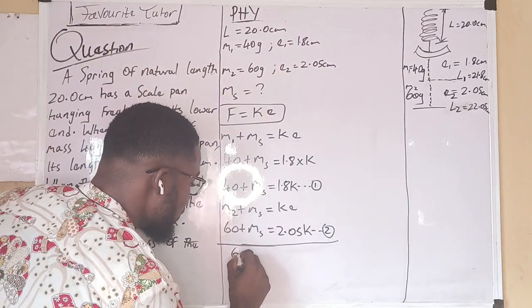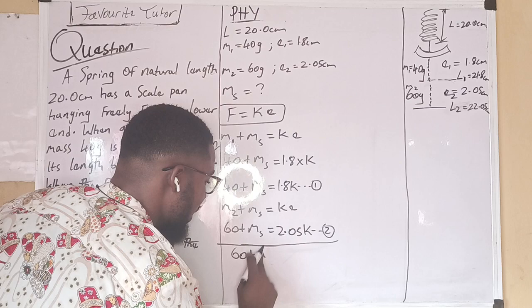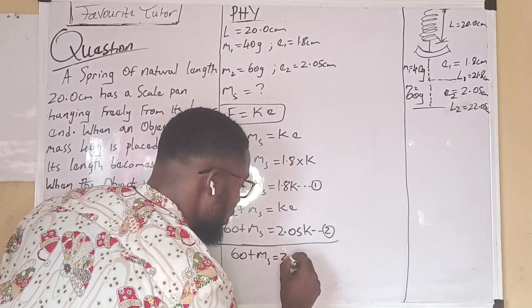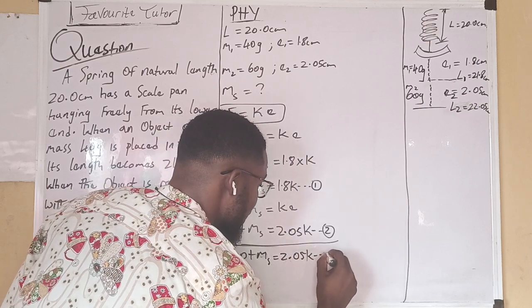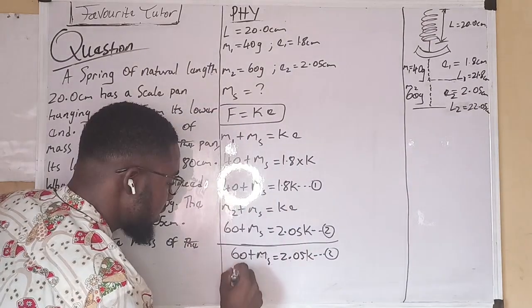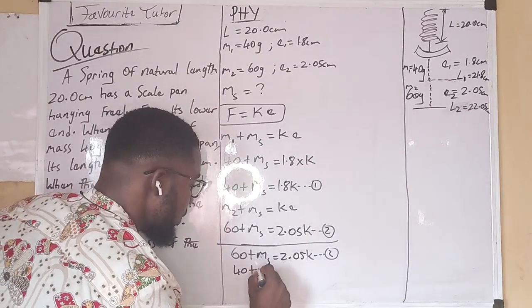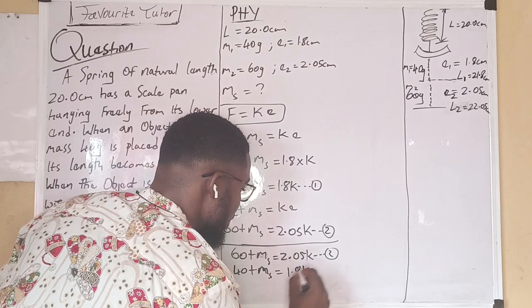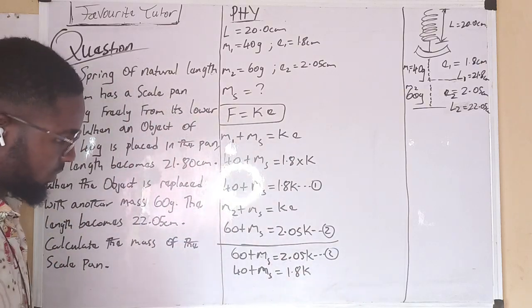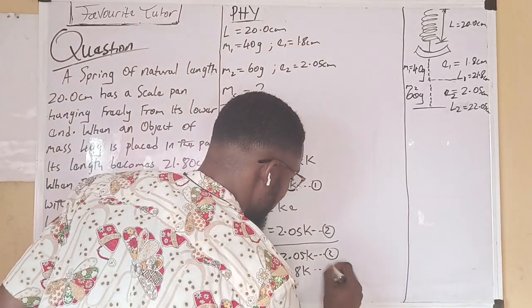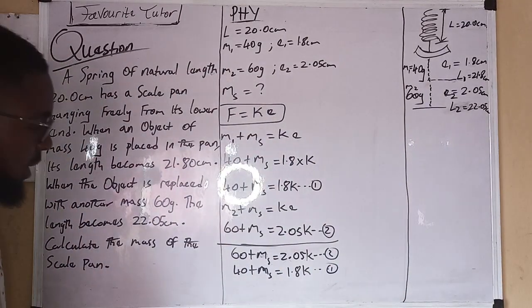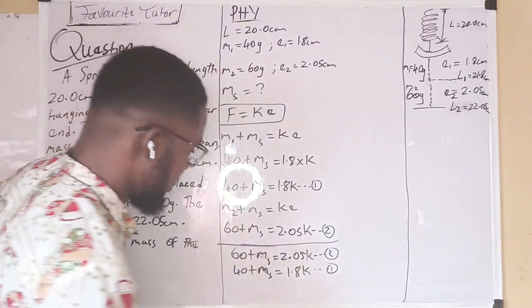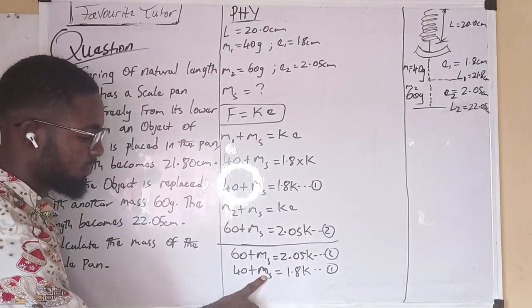So if this is equation 2, 60 plus the mass of the scale pan equals 2.05K. While this is equation 1, 40 plus the mass of the scale pan equals 1.8K. Now, with the look of things, which variable is easier to eliminate? The mass of the scale pan.